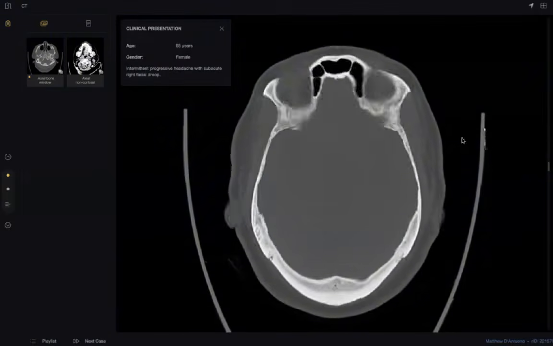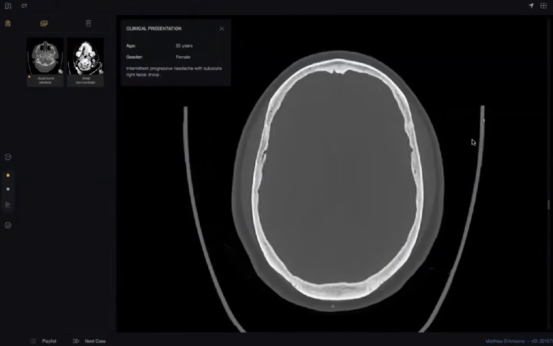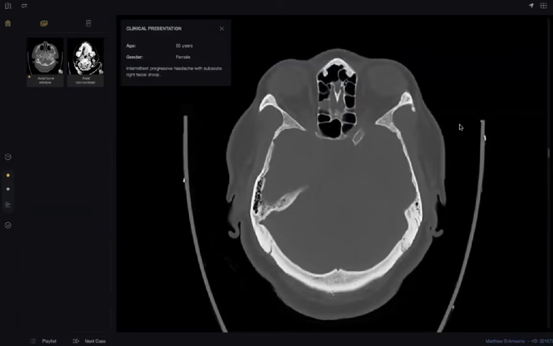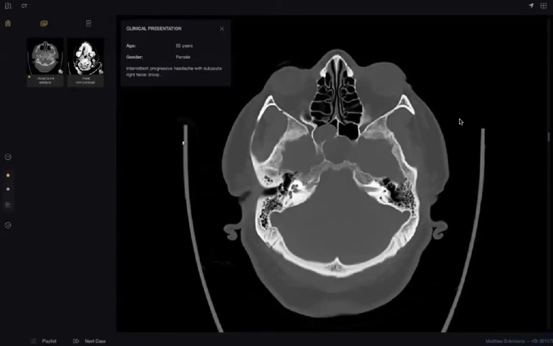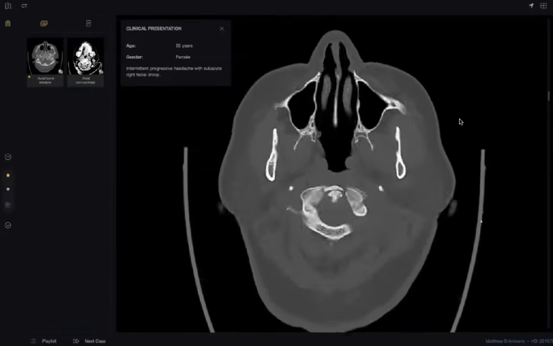So I have been presented with axial CT images of the brain of a patient who presented with a complaint of headache, so I will have a quick look through the whole set of images before I comment on my findings.